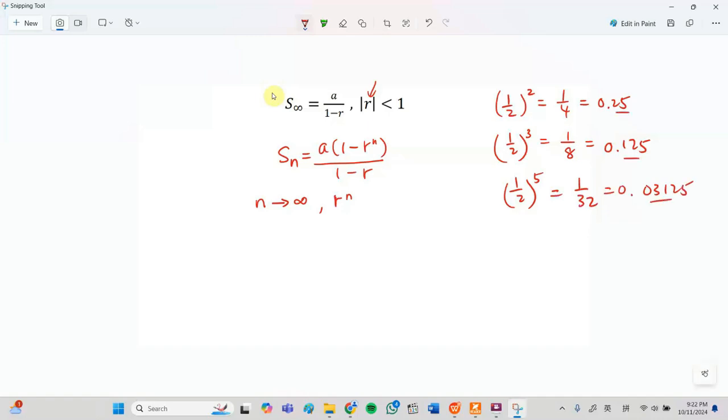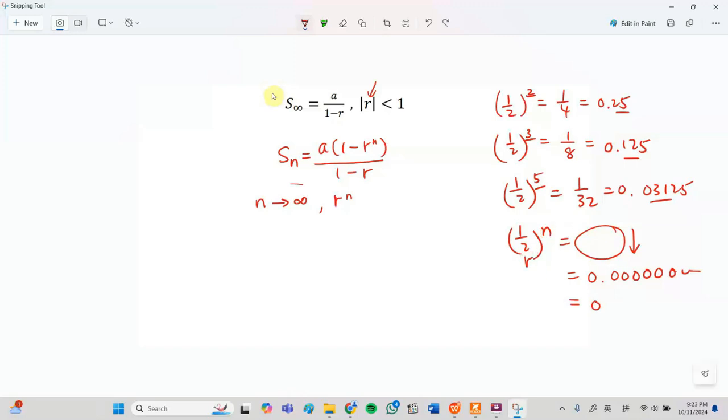So what happens when the power, which is the n here, becomes big enough until it approaches infinity? The values that we get will be very small, until we can assume it is close enough to 0, we can say that it is 0. So this is your r, this is your n.